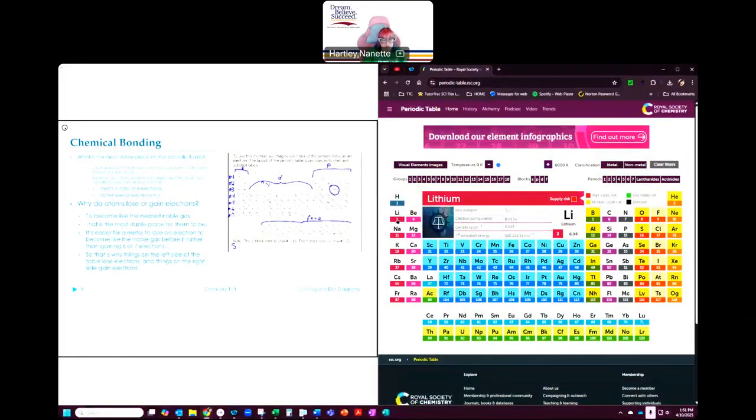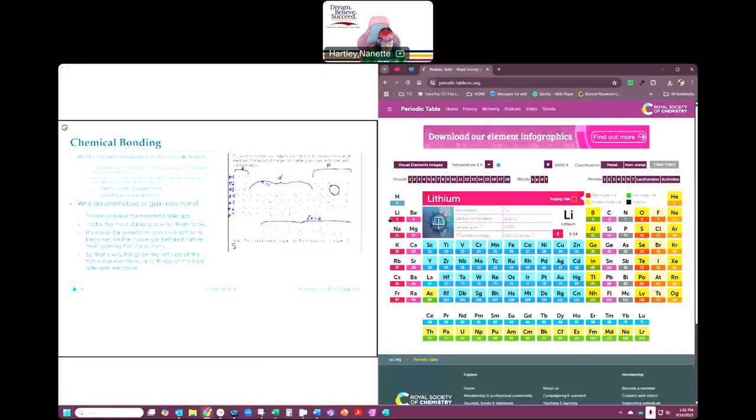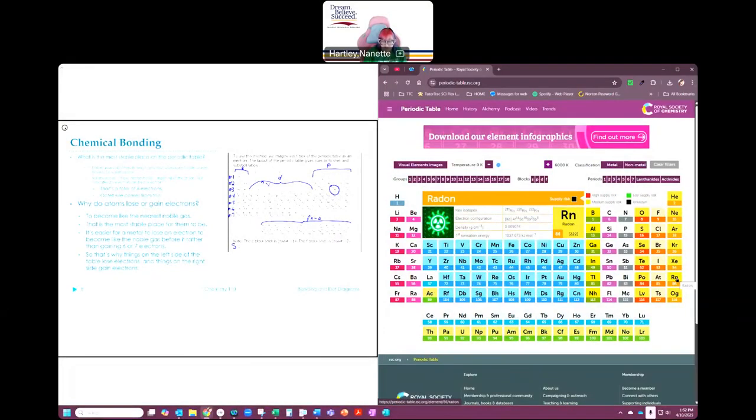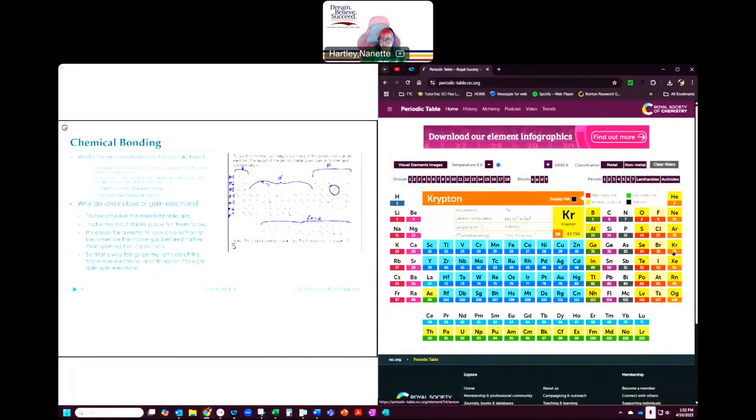Things try to lose electrons. These metals over here try to lose electrons to be like the nearest noble gas. These nonmetals over here try to gain electrons to be like the nearest noble gas. And these guys in the middle try desperately to lose or gain electrons to be like the nearest noble gas, but it's often really hard for them to do so.